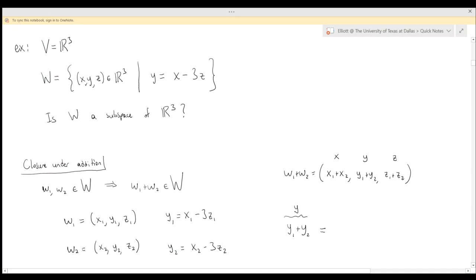Now to do this, I want to make sure that I'm using these properties here. I'm using the fact that W1 and W2 are already inside of W. So because of that, we can say that y1 was equal to x1 minus 3z1. And we can say that y2 was equal to x2 minus 3z2.